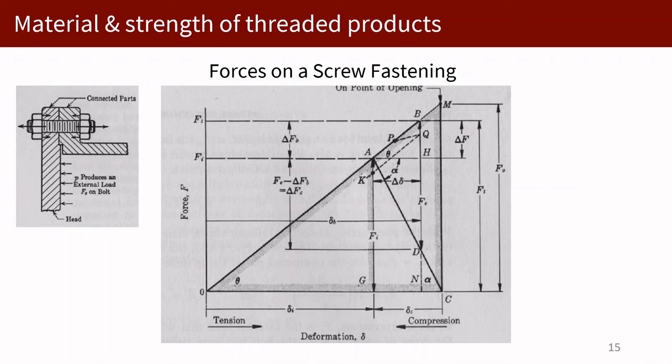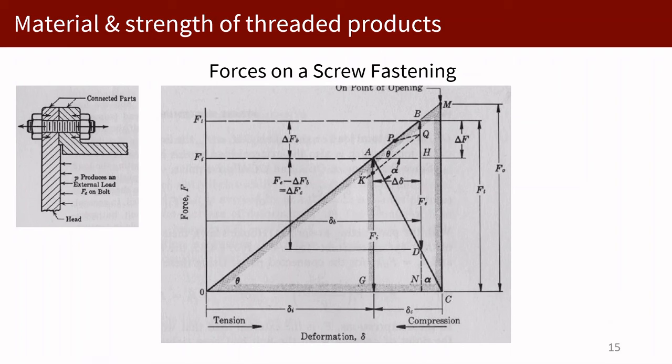Okay, so now we'll look into the relationship between the force and the deformation. Now, let us derive the expression for the forces involved when applying force or tightening a bolt on the connected parts. From this figure, we can see that there are two similar triangles.